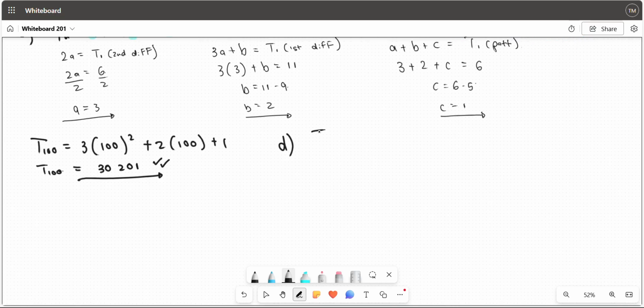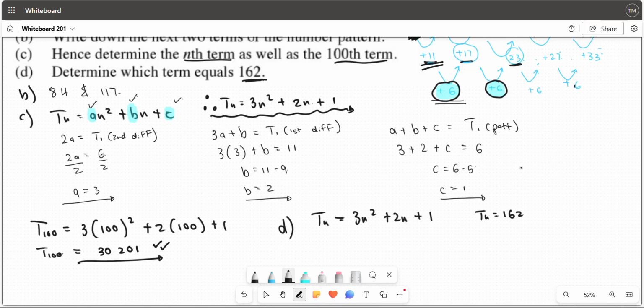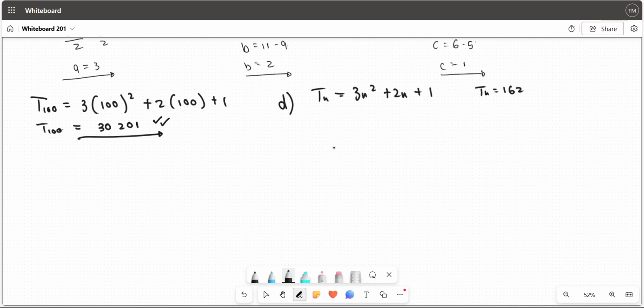So how do you do that? You take your pattern again, which is 3n squared plus 2n plus 1. But this time, you're not substituting for n. You're substituting for tn. The tn is given, which is 162. So it goes there: 162 equals 3n squared plus 2n plus 1.